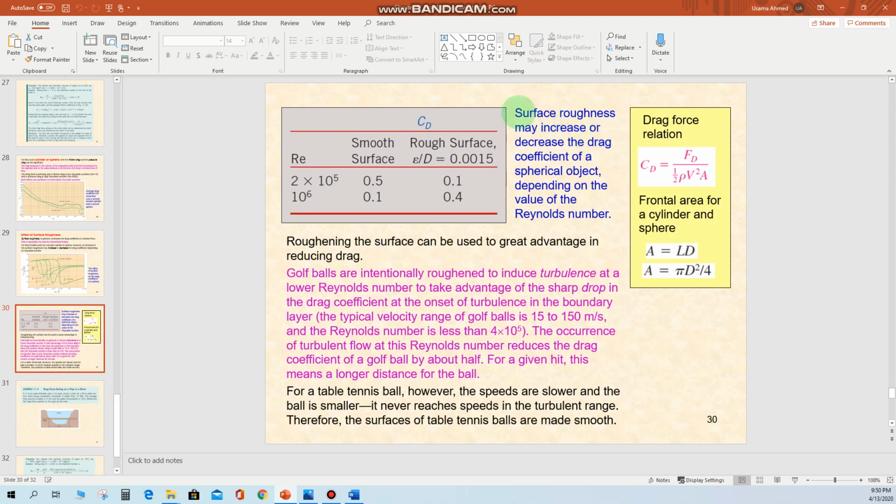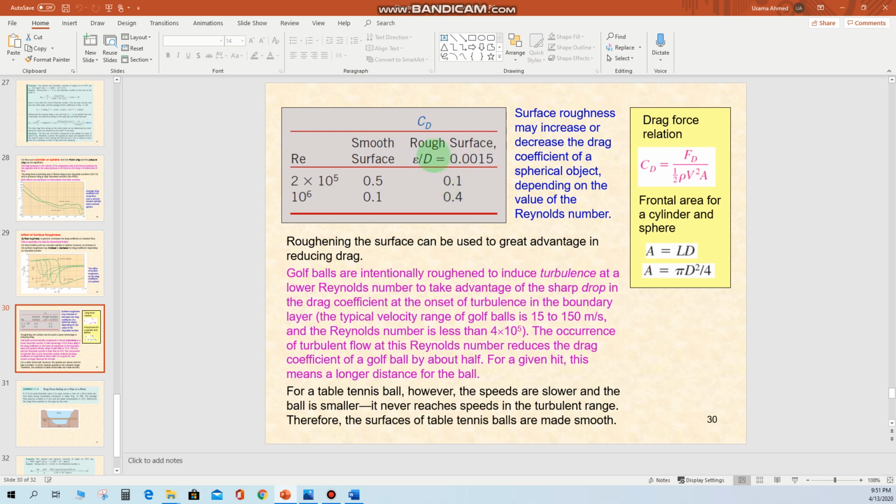Now let us see this one. Surface roughness may increase or decrease the drag coefficient of a spherical object depending on the value of the Reynolds number. As I explained earlier, the drag coefficient depends on the surface roughness and the Reynolds number. For smooth surfaces, you can have the value 0.5 here, and for rough surfaces, we can have a lower value for this drag coefficient.